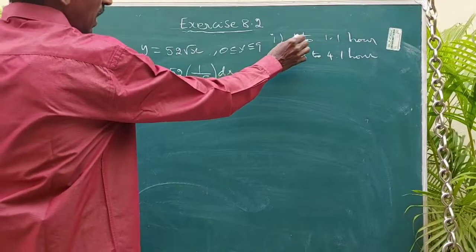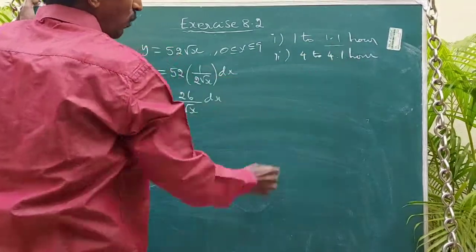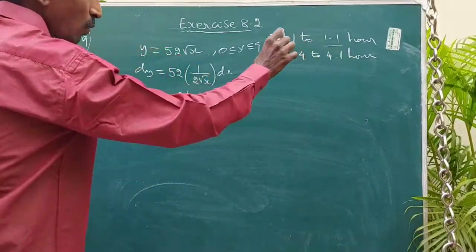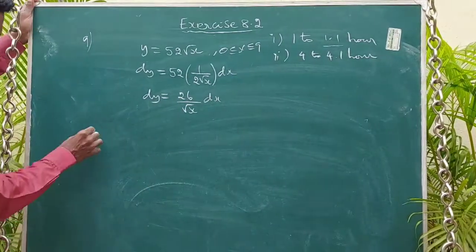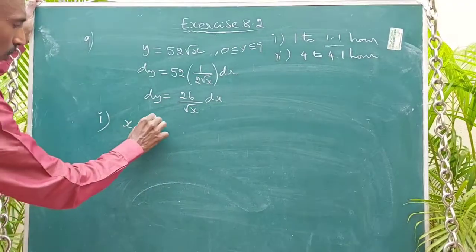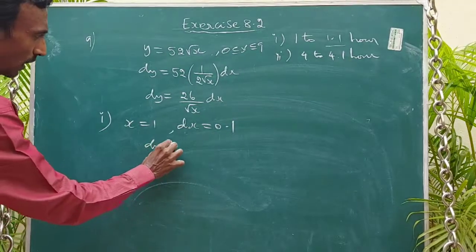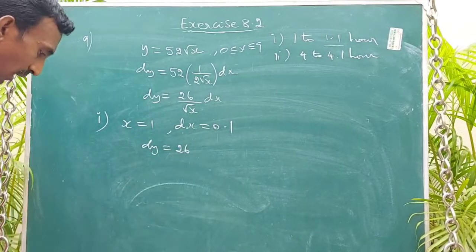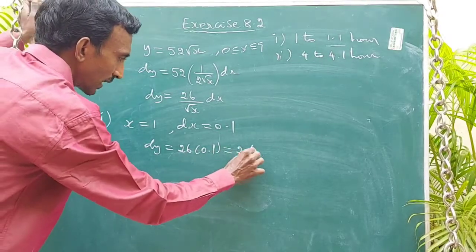In the first case, take x as 1 and dx as 0.1. In the second case, take x as 4 and dx again as 0.1. First one, put x equal to 1 and dx equal to 0.1. So dy equals 26 by root of 1, which is 1, so 26 into 0.1, that is 2.6.